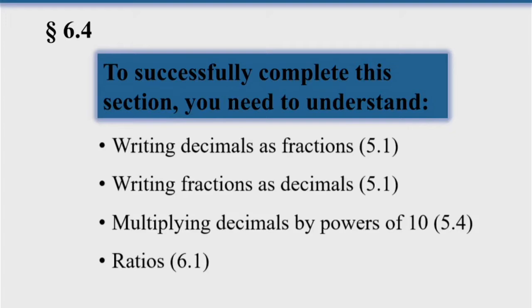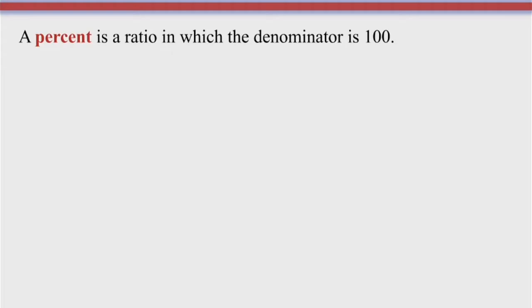To successfully complete this section, you'll need to understand writing decimals as fractions, writing fractions as decimals, multiplying decimals by powers of 10, and ratios. A percent is a ratio in which the denominator is 100.